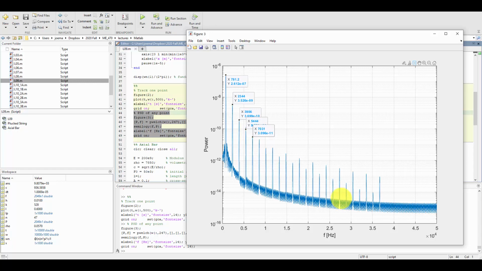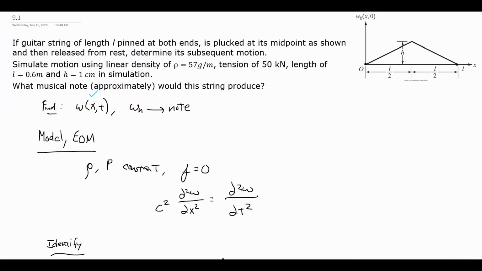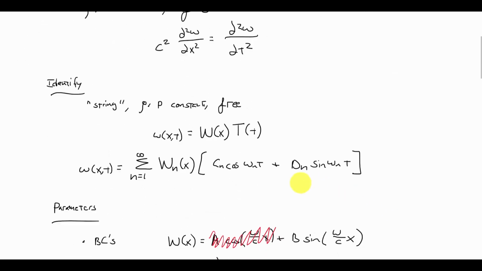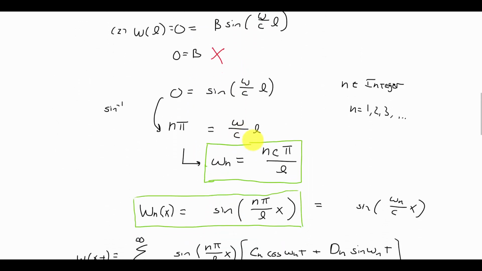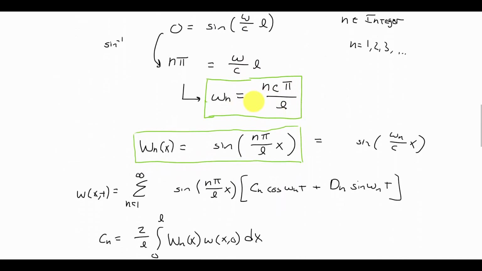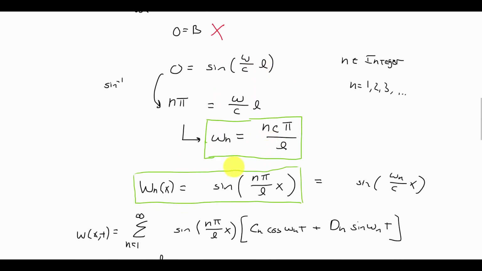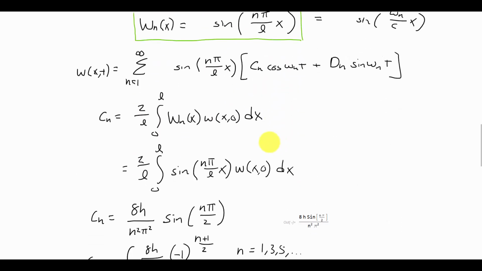So to answer that last part, what is the note that we would say this string is producing? Well, we already determined it through MATLAB, but coming down here, let's look at that natural frequency, n C pi over L. The fundamental frequency is the one that we're going to perceive here. So what we're looking for here is that first natural frequency when n is 1. So let's come down here.